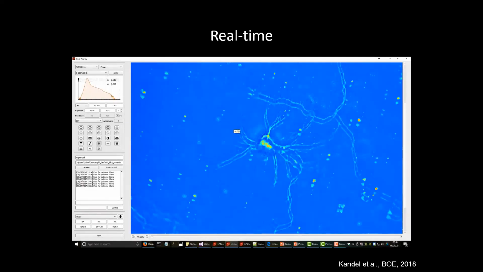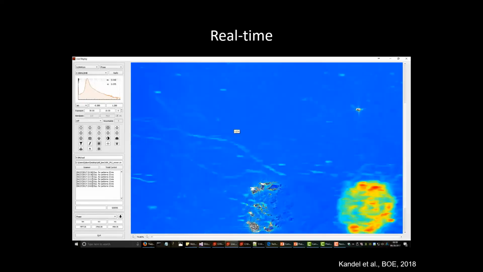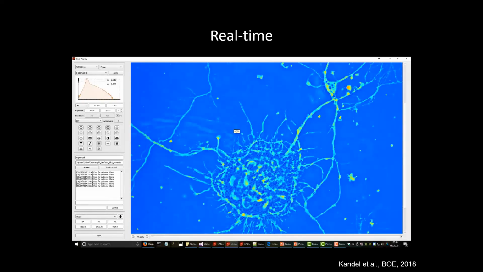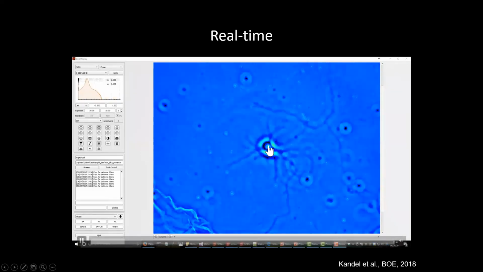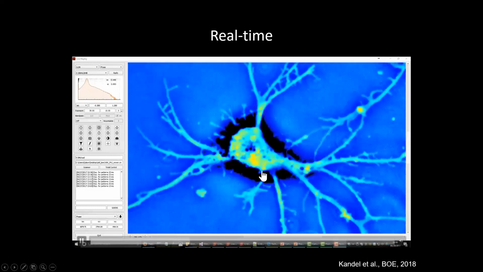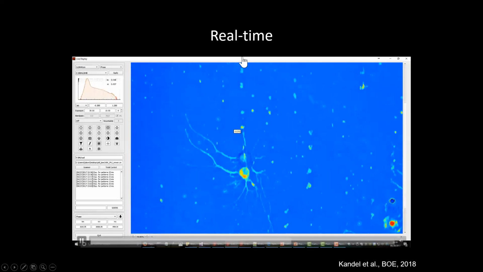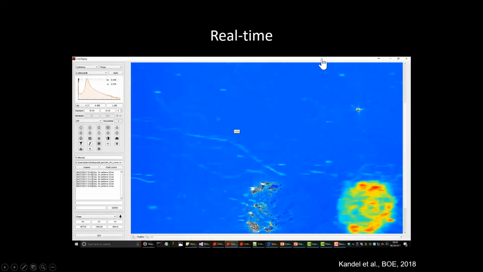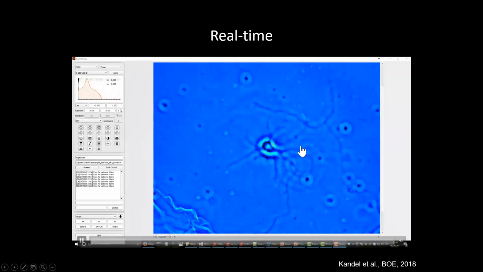And basically it is an artifact that propagates into our SLIM measurement, because we're using the original phase contrast and we add to it. So for years, we didn't care too much about this phase contrast. About the halo, we kind of went around it, we thresholded it when we tried to quantify things. After a while, it became kind of a nuisance, and basically we fixed it. And not only did we fix it, we made it a real-time operation. So this is actually the interface of the SLIM system that is commercially available.